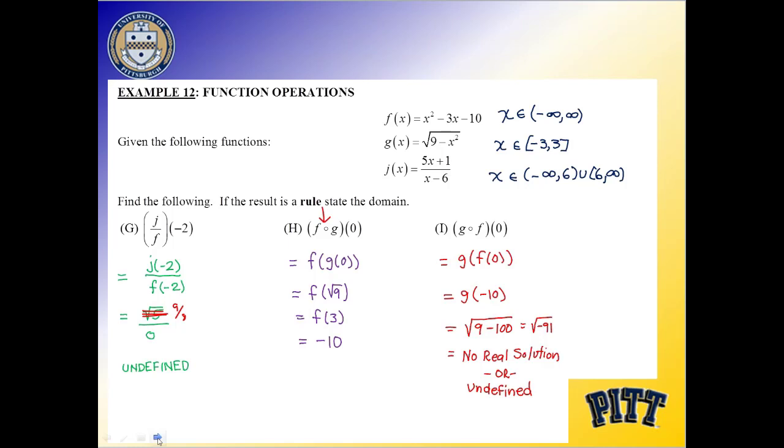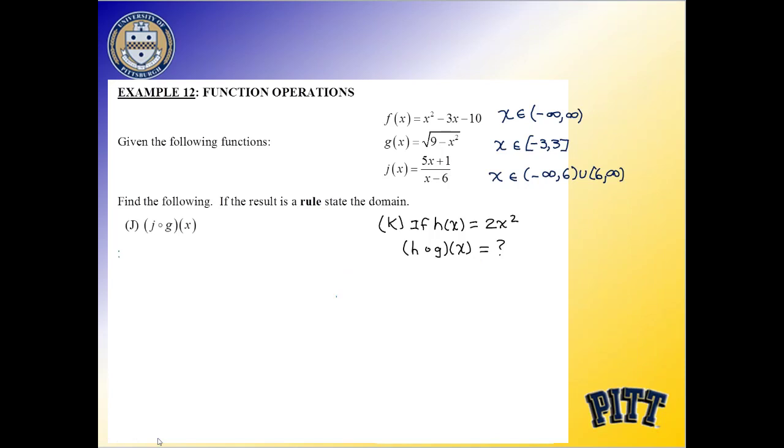Compositions do cause alterations, and that's why when I handle situations like this, where I'm obviously going to need to come up with a rule and therefore state the domain of the function, I have to have a special procedure for that. Of course, this means j of g of x, and I worked the whole thing through here. I replace g of x with the square root of 9 minus x squared.